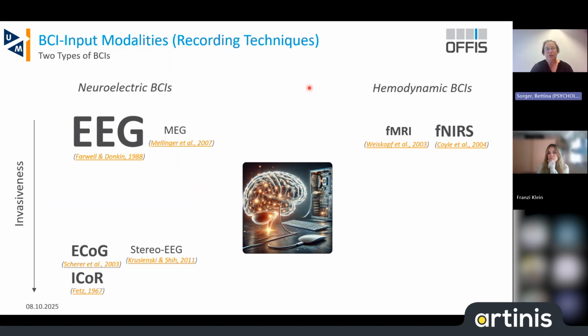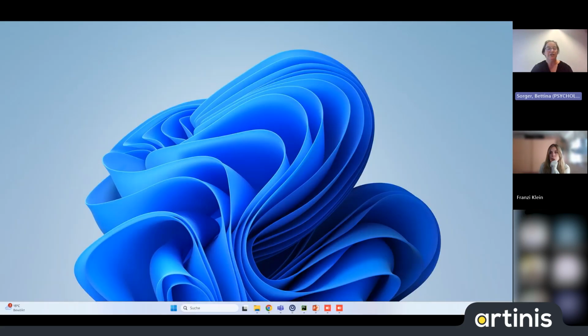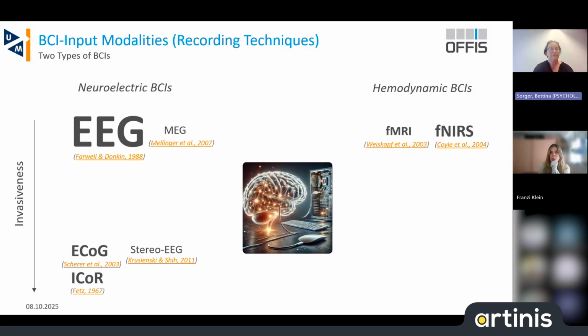Generally, we differentiate two types of BCIs, namely the neuroelectric BCIs, which is EEG, MEG, ECoG, and intracortical recordings, also stereo EEG. So you see the electrocorticography, intracortical recording, and stereo EEG are the invasive techniques, and MEG and EEG are non-invasive techniques.